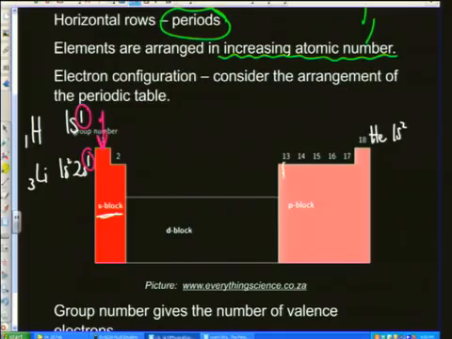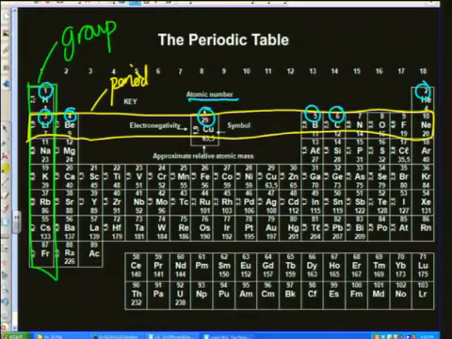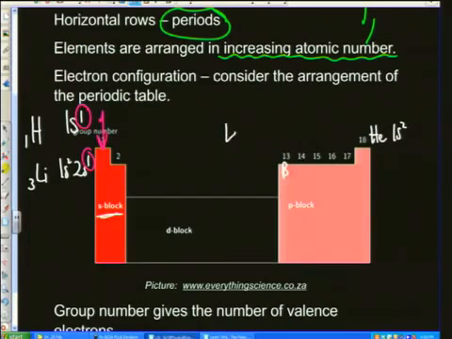And I'm going to pick boron across here. Go and find it quickly. It's got 5 protons, so therefore 5 electrons.